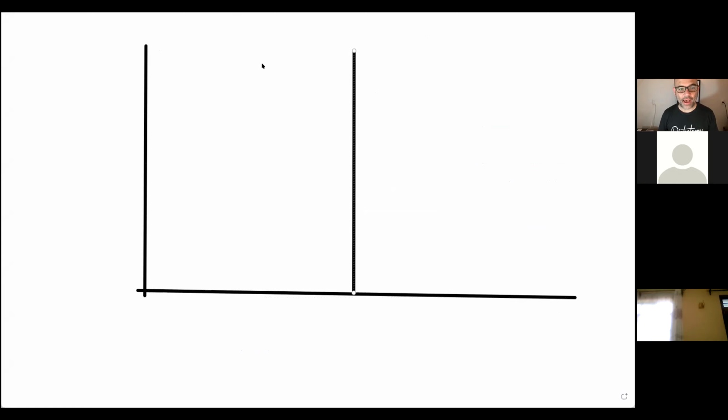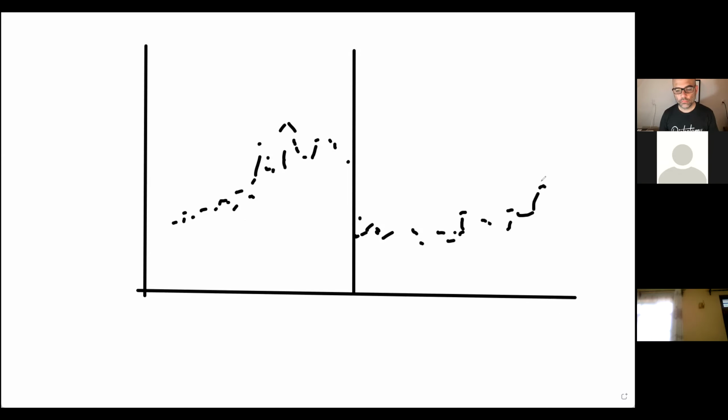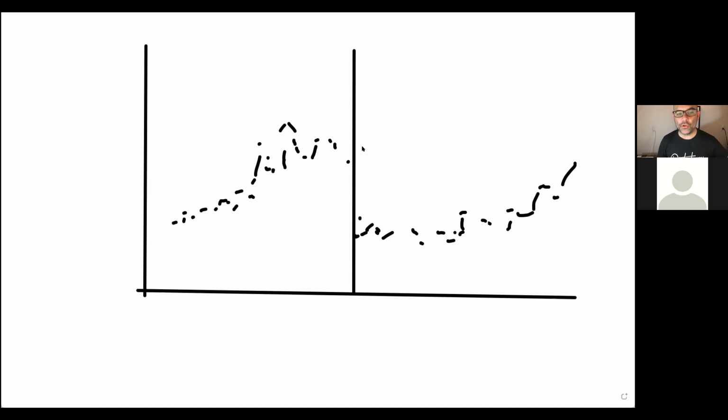Let's say that we have something kind of noisy. Okay, so you've got this clear discontinuity here, but what if we were to make placebos here, here?